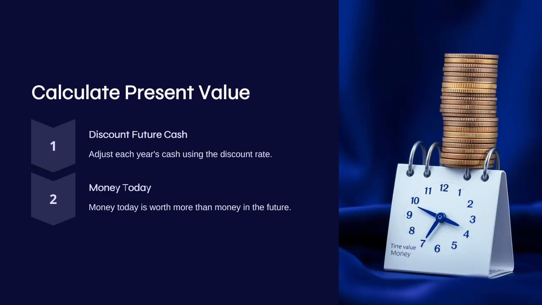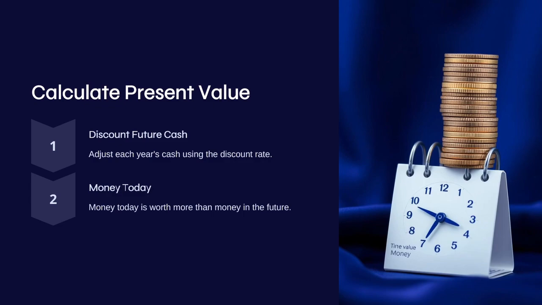Then we convert the predicted future cash flows into present value by using the discount method which we use for valuation of such type of property. How is it done?